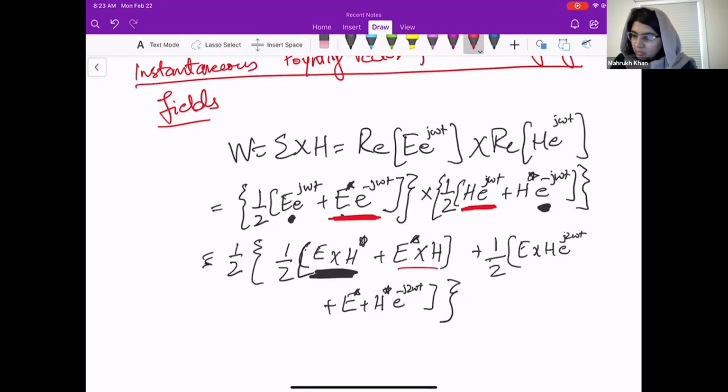Now comes the other part in which the j omega t terms will reinforce each other or cancel each other. In the first part, they are reinforcing each other when I am multiplying this with this. So it becomes E cross H e^{j 2 omega t}. And for the second one, this multiplied by this.